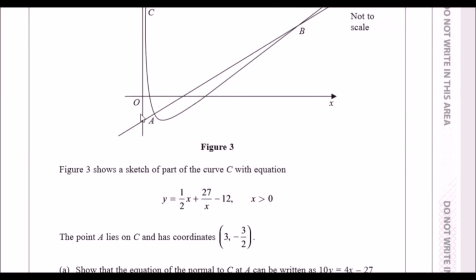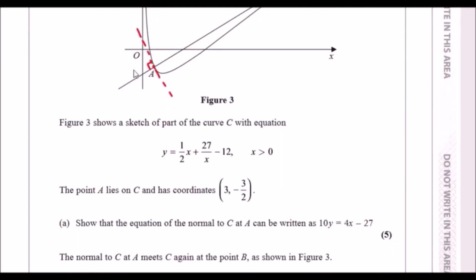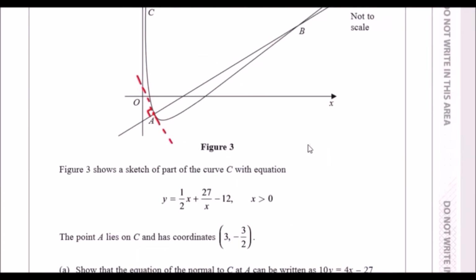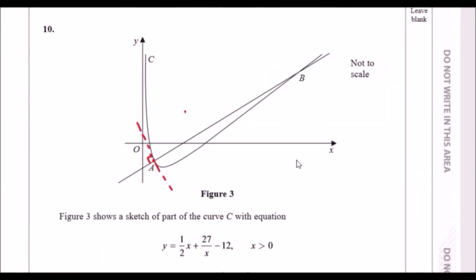So one thing to note, to get the normal, you first need a tangent, and the tangent at this point is basically an imaginary straight line that touches the curve exactly once. This normal is 90 degrees to the tangent. Now to get the actual value of the gradient of this line, because remember, this is just a straight line equation, the typical equation is always y equals mx plus c.